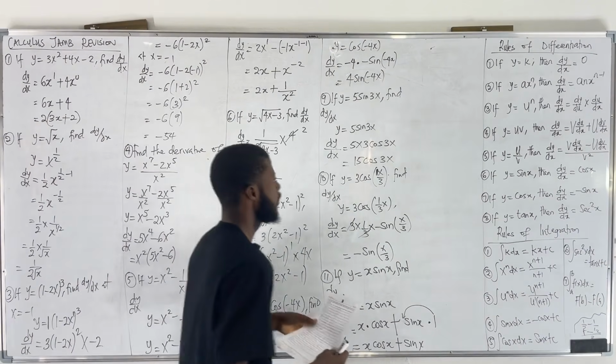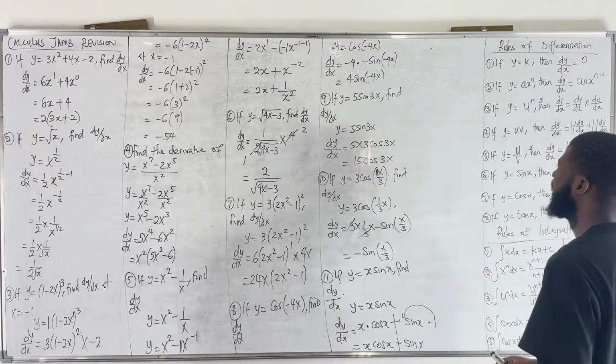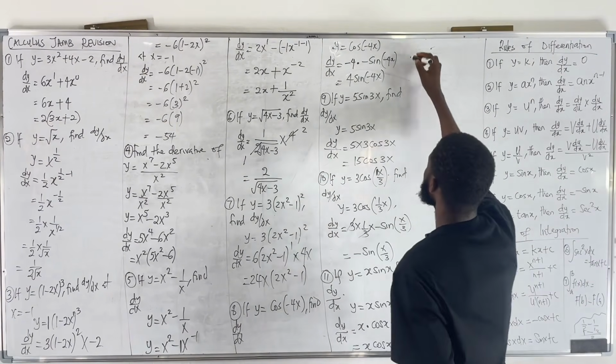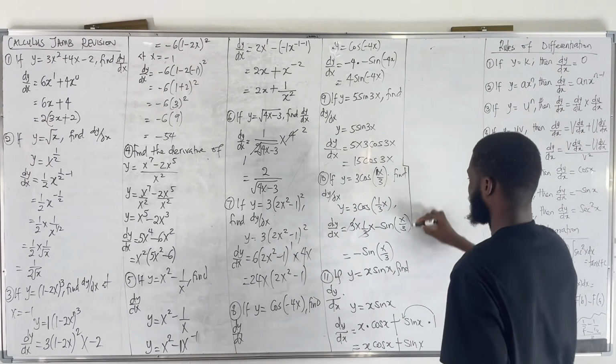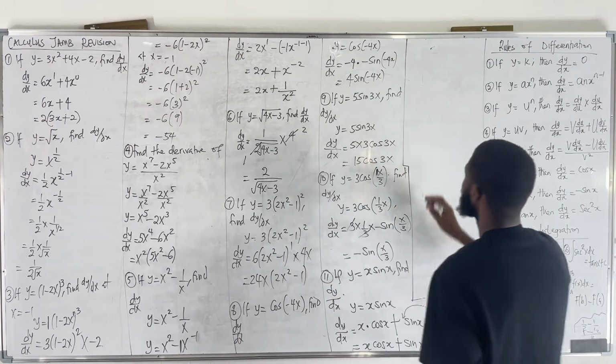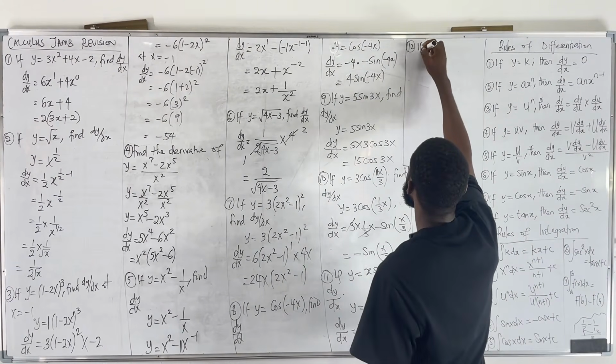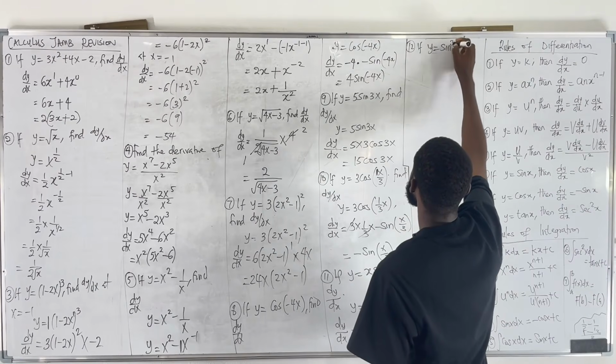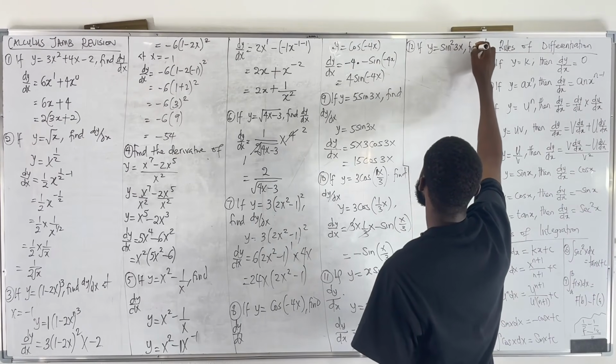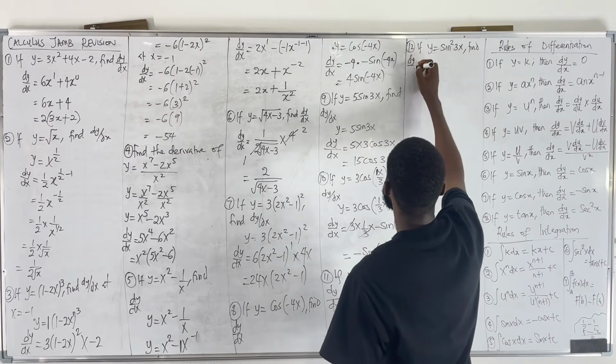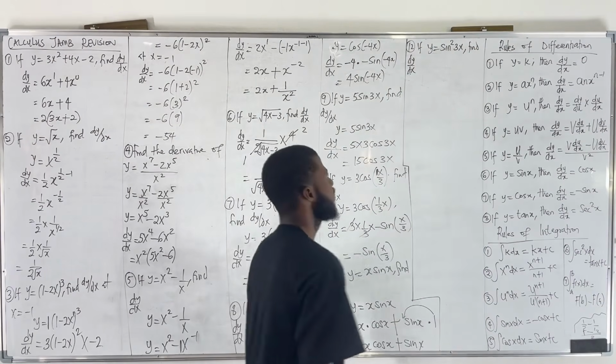It's not something hard. Okay, let me see if I can solve question 12 with this little space left. So question 12. If y is equal to sine squared 3x, find dy/dx. All right.